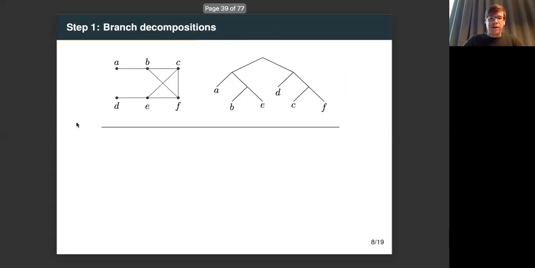Okay, so how do you model this more concretely? This process is modeled by what we call a branch decomposition, where you have a tree of maximum degree 3, such that the leaves of the tree correspond to the vertices of the original graph. So here we have a branch decomposition of this example graph.